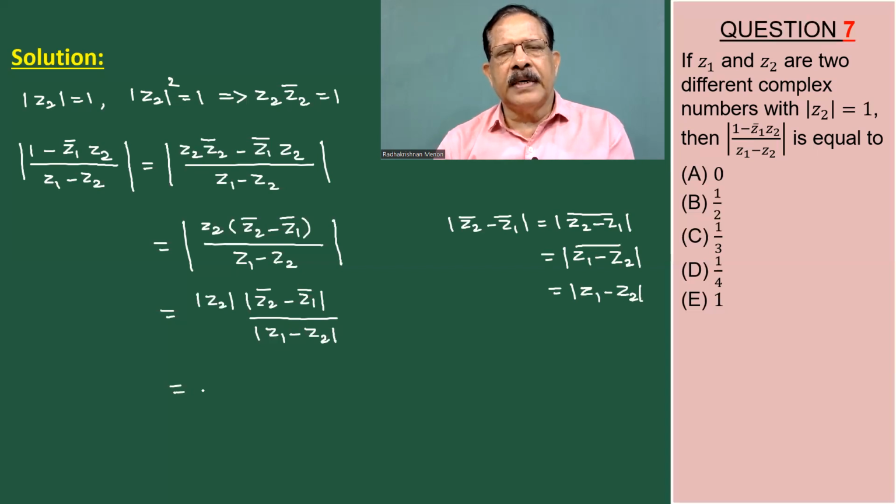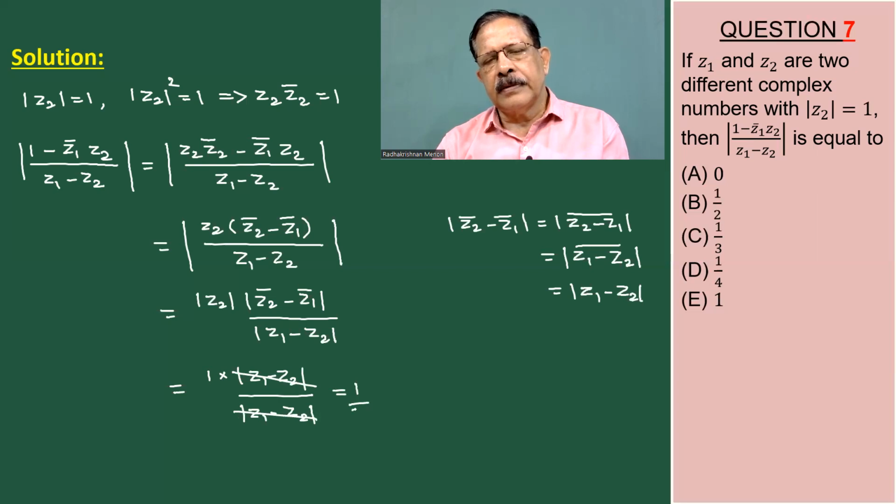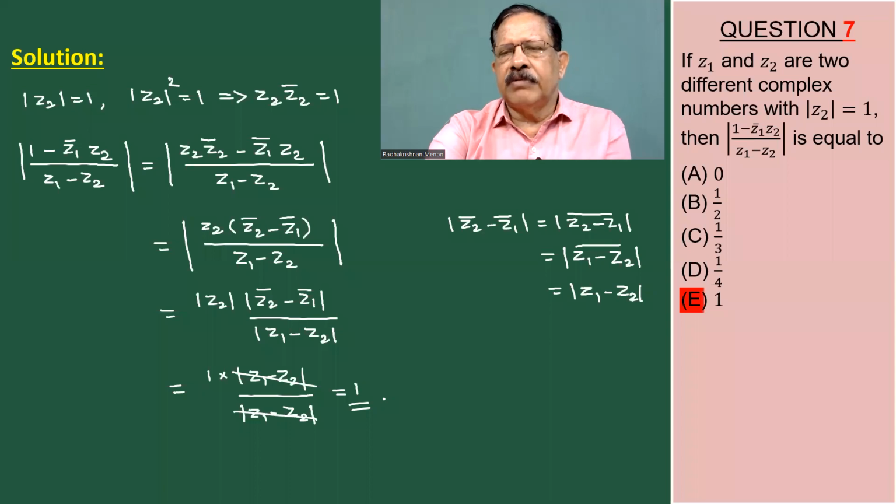Given mod Z2 is equal to 1, the numerator is 1 into mod Z1 minus Z2. The denominator also has mod Z1 minus Z2. So they are getting cancelled. So the answer for this question is 1. So this is the answer for this 7th question, and the last question, the answer is option E here.